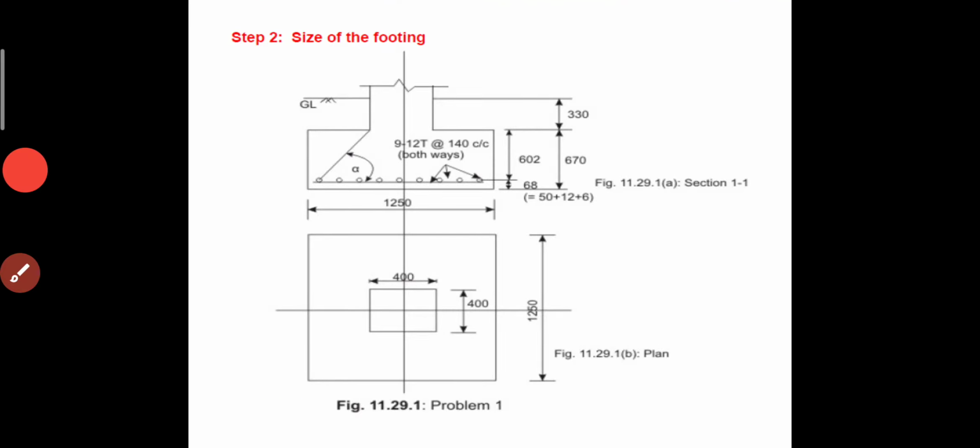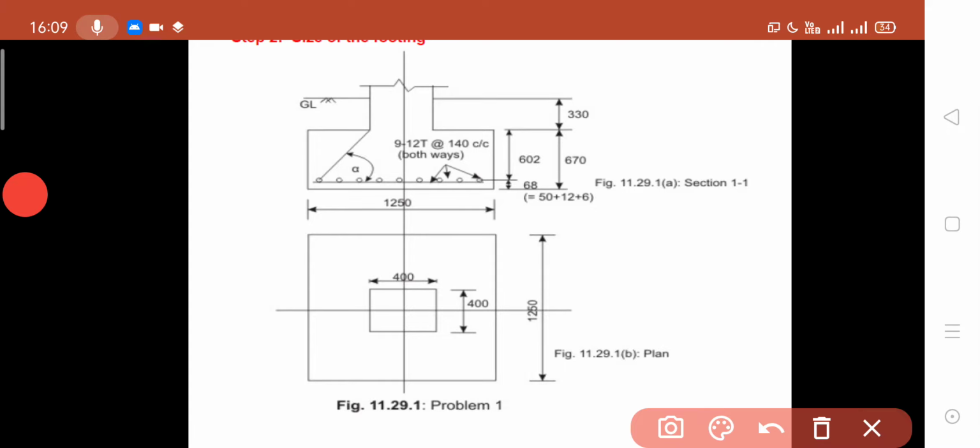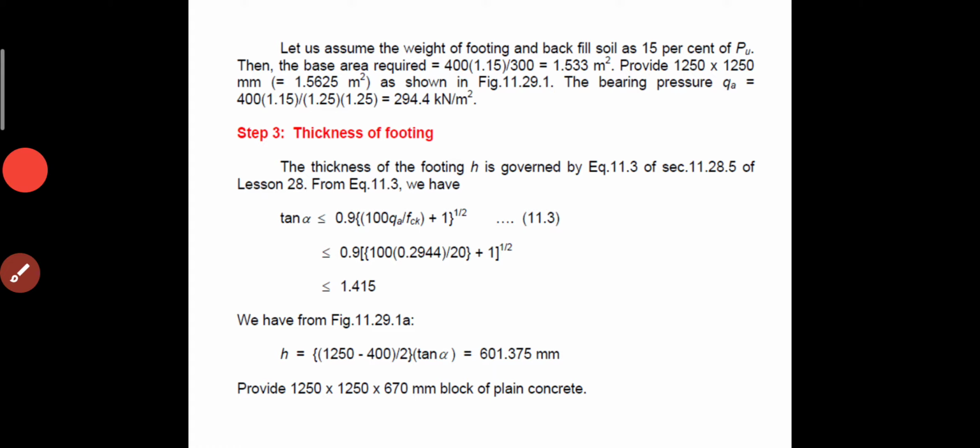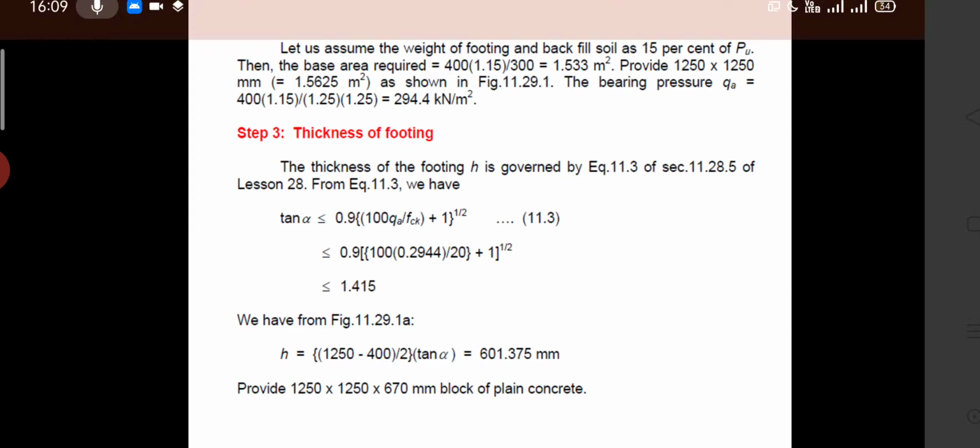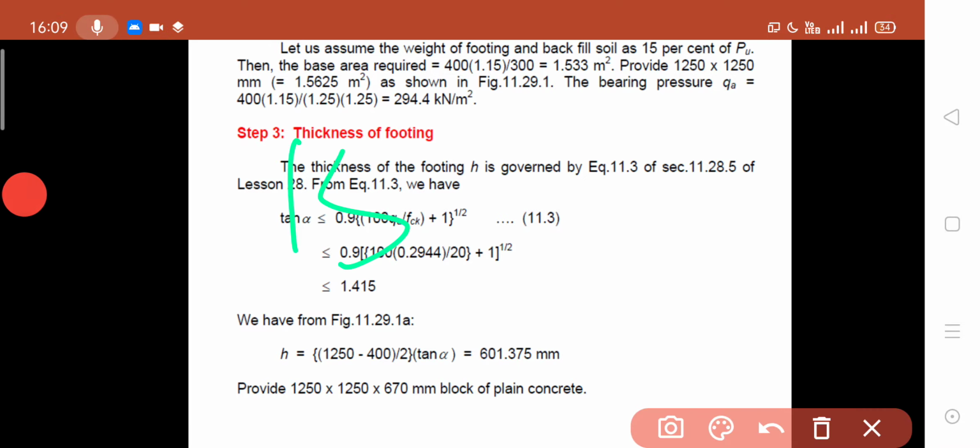Next, second step: size of footing. For the size of footing, let us assume the weight of footing and backfill soil as 50% of Pu.